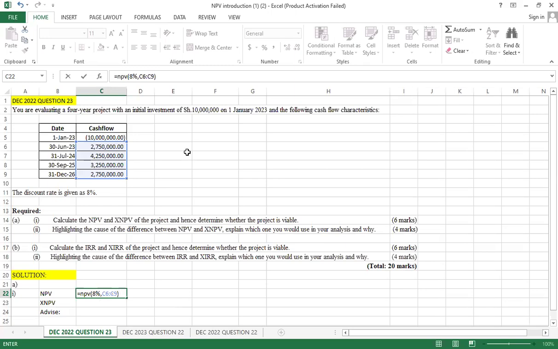And then I say plus the initial investment. The initial investment is this minus 10 million. And that is it. So you then press enter. If you press enter, the value of our NPV that we get is 791,273.